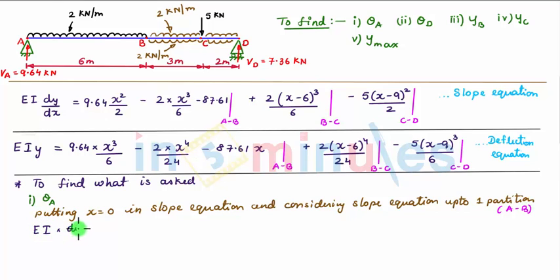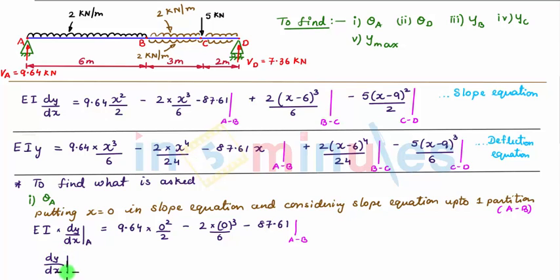EI into dy by dx at point A or theta A is equal to 9.64 into 0 square by 2 minus 2 into 0 cube by 6 minus 87.61, first partition. So from this we get the value of dy by dx at point A or theta A is equal to minus 87.61 upon EI.